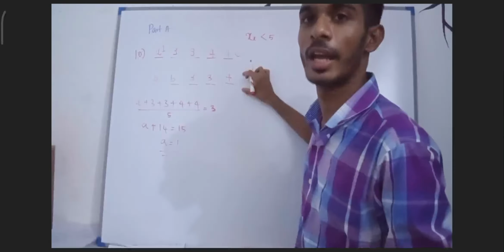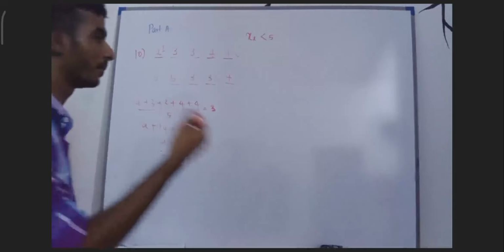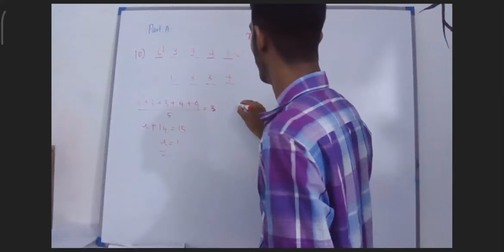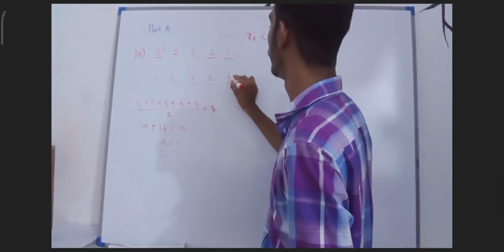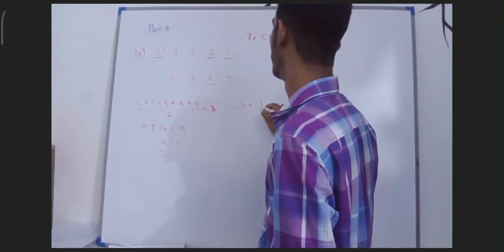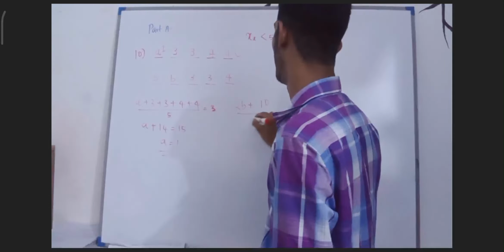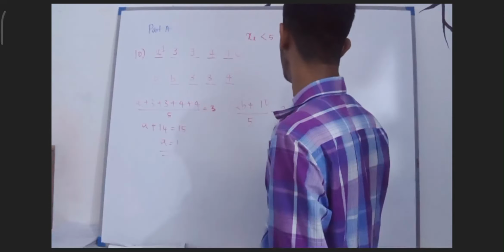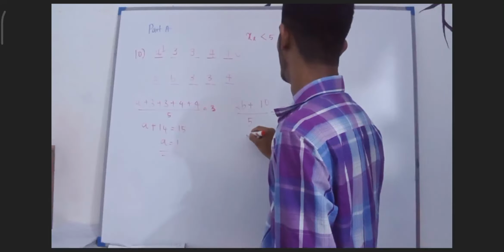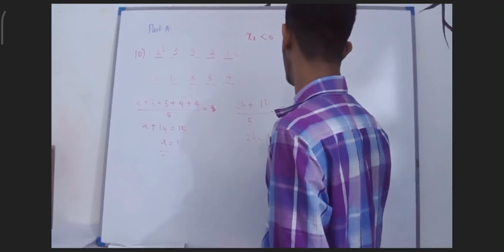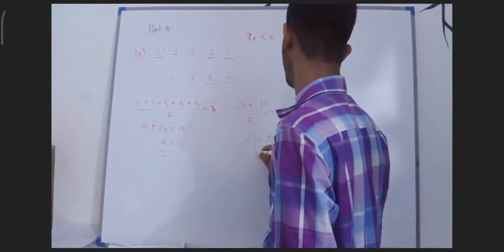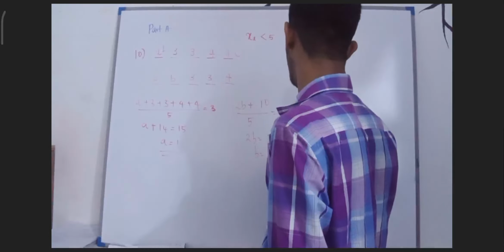Now let me check if this other combination can be possible as well. If I apply the same mean equation here, 2b plus 3 plus 3 plus 4, which is 10, all divided by 5 is equal to 3. Now 2b is equal to 5, so b is equal to 2.5.